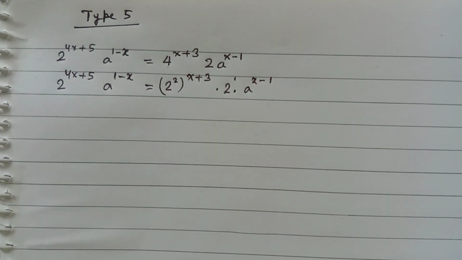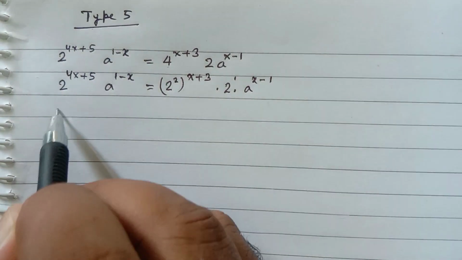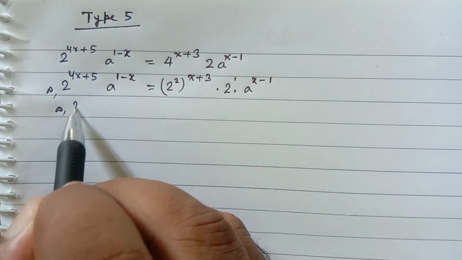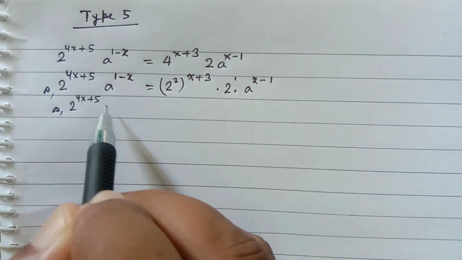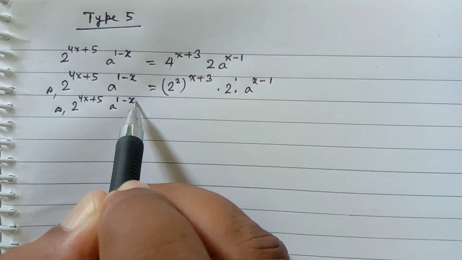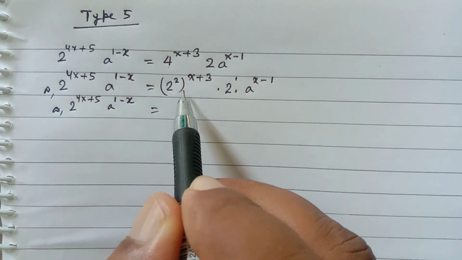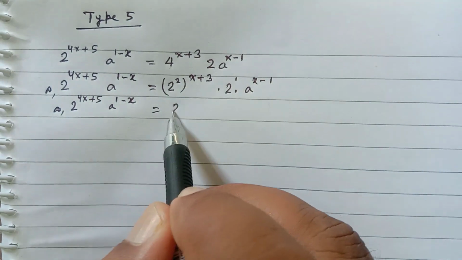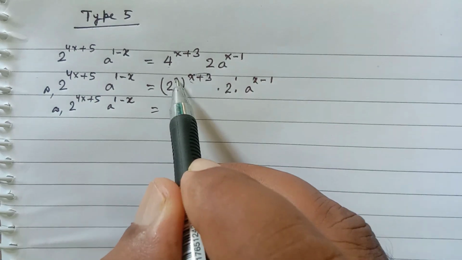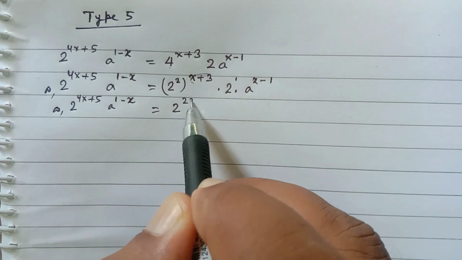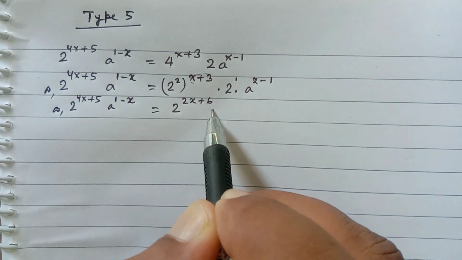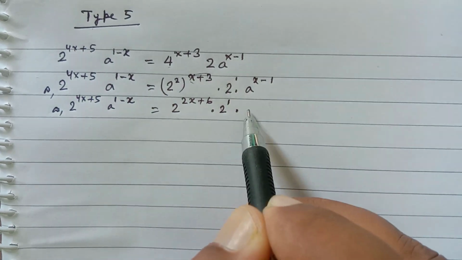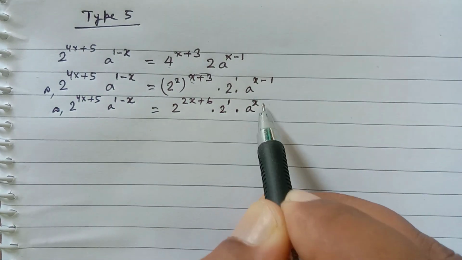Okay, so next line I have 2 raised to power 4x plus 5, a raised to power 1 minus x is equal to, here I have 2 squared and this power will be multiplied, then I get 2 power 2x plus 6 times 2 power 1 times a power x minus 1.